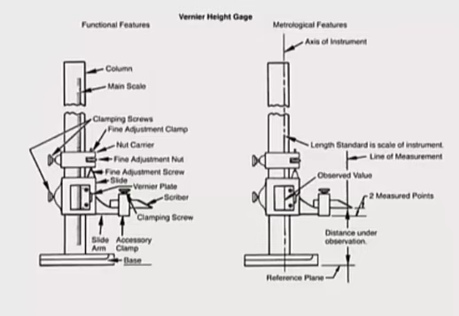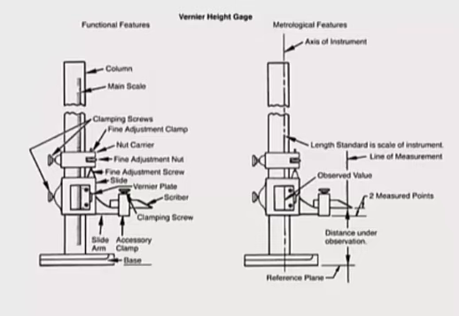Here you have to have the granite block that works as the reference plane. And then the movable feature of the vernier height gauge is the measured point. You have the functional features of the vernier height gauge: the column, the main scale clamping screws, nut carrier, fine adjustment nut, fine adjustment screw, vernier plate, scriber, clamping screw, slide, arm accessory clamp, and the base.